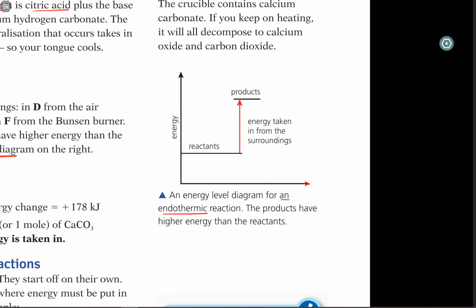The y-axis is energy and the unit is kilojoule per mole, and the x-axis is the time, which can be seconds, minutes, hours, or we can write extent of reaction or reaction progress. And one more important thing about an endothermic energy level diagram is that the energy level of the products is higher than the energy level of the reactants, and this difference is the energy which is taken in during the reaction from the surroundings.